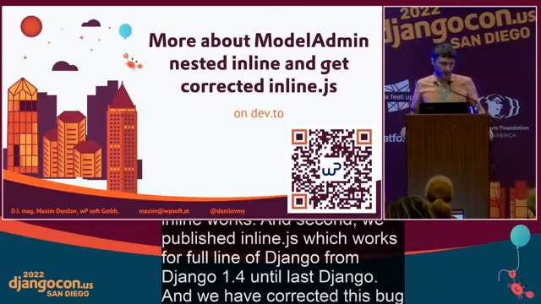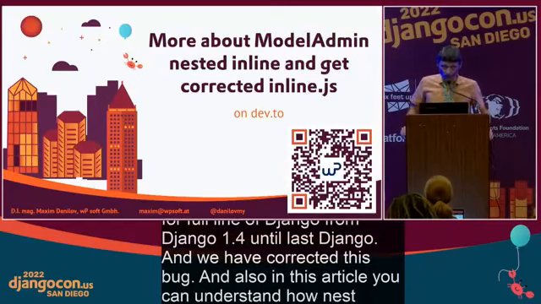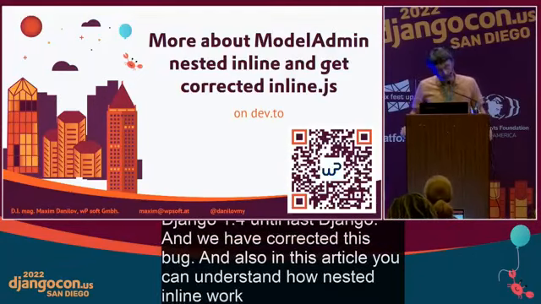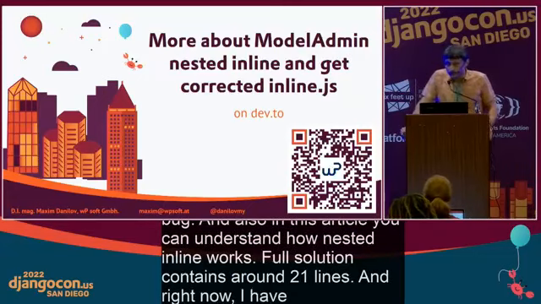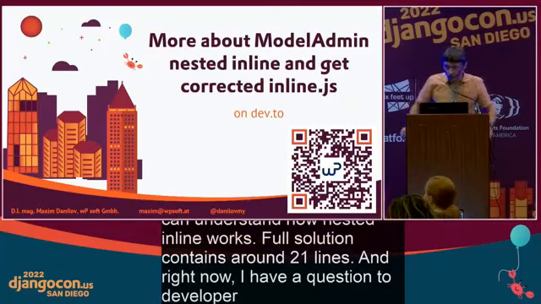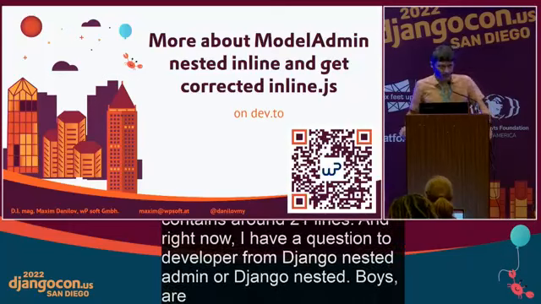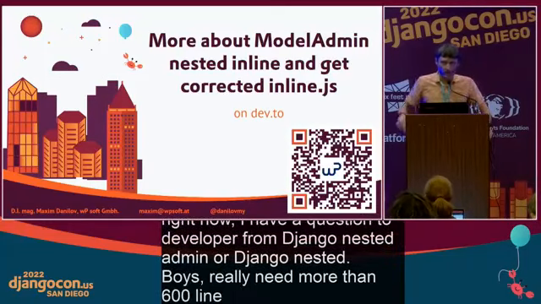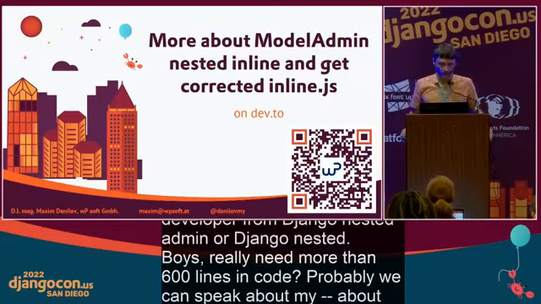Also in this article, you can understand how nested inline works. The full solution contains around 21 lines, and right now I have a question to the developers of Django Nested Admin or Django Nested: guys, do you really need more than 600 lines of code? Probably we can speak about it after my talk.